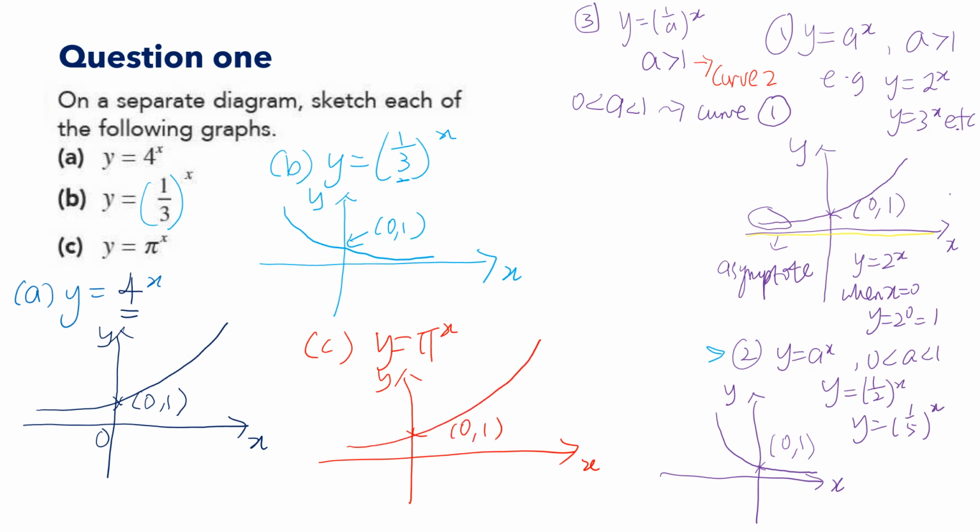Okay, so basically this is how you remember the shapes of the exponential functions. If you remember what we have done in the earlier slide, for the first type of curve, your a will be more than 1.